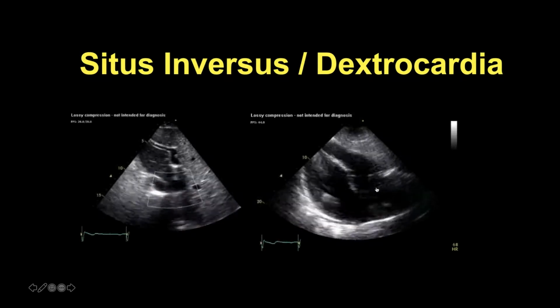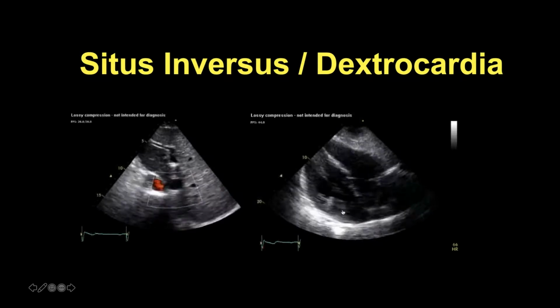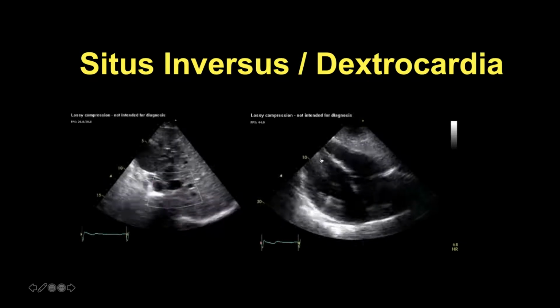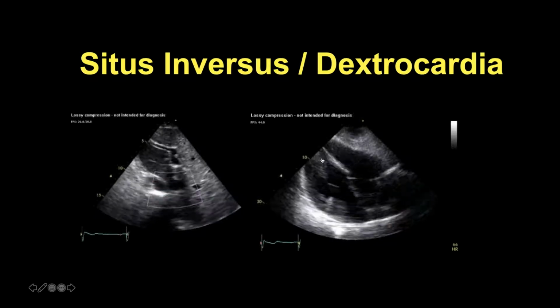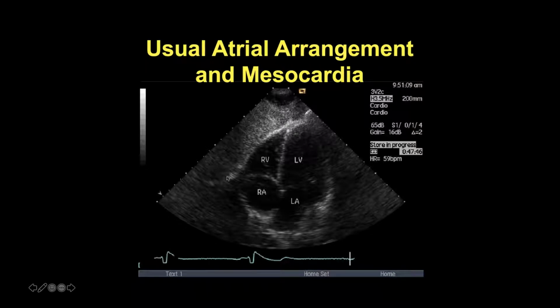So this is the right atrium and this is the left atrium, and the base-apex axis points to the right. You have dextrocardia. So if you get this view from the subcostal window, you have defined this as the right atrium, left atrium. You see, you get the perfect four-chamber view. The liver is on the right, so you have a cardiac situs solitus with levocardia.